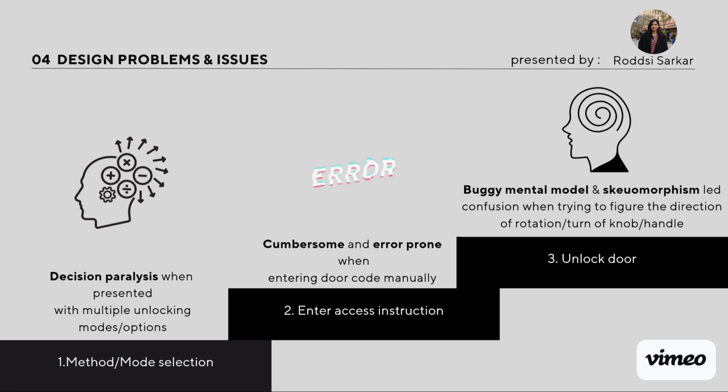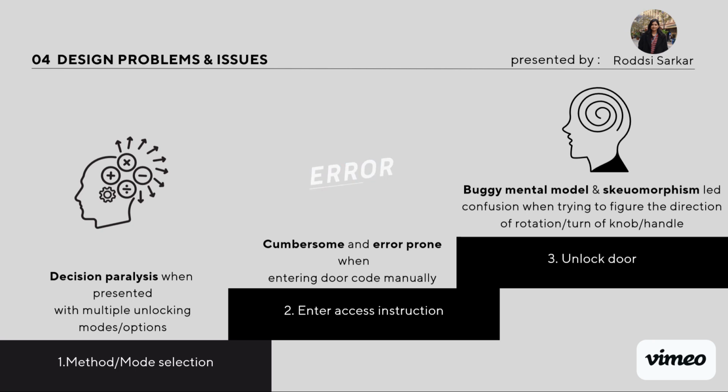By the way, skeuomorphism, as I was telling, is an interesting term that we came across as a group, and it means that interface objects mimic their real-world counterparts to facilitate transition to a new technology, which in our case does entirely the opposite. So it does not work out.